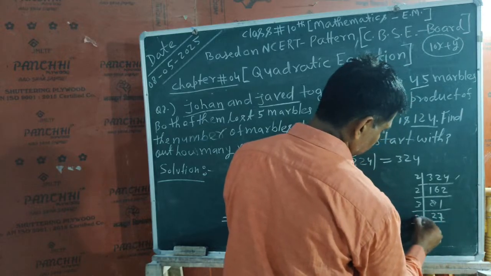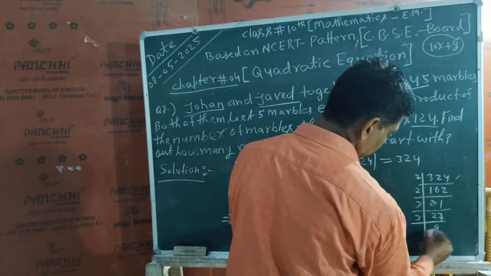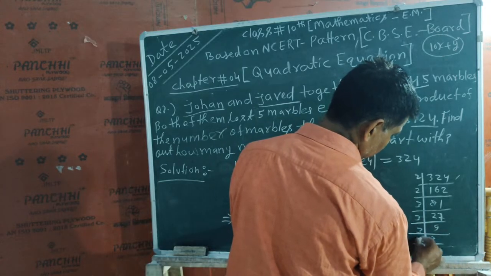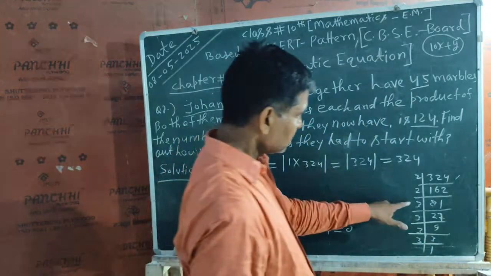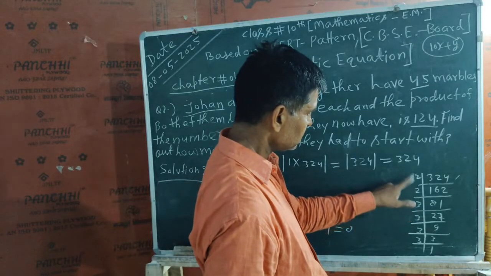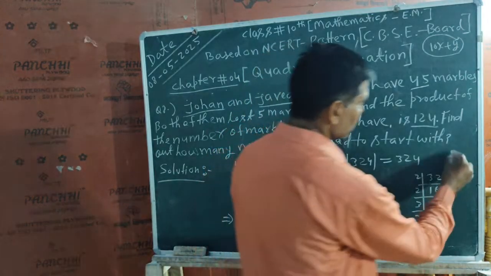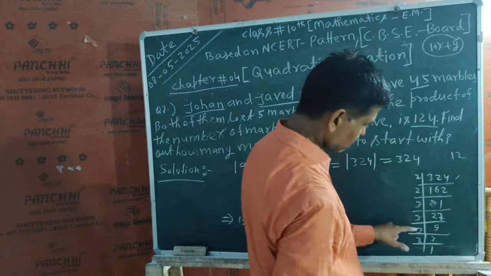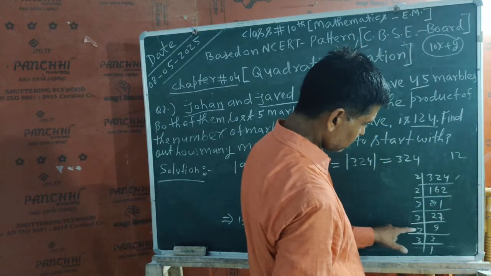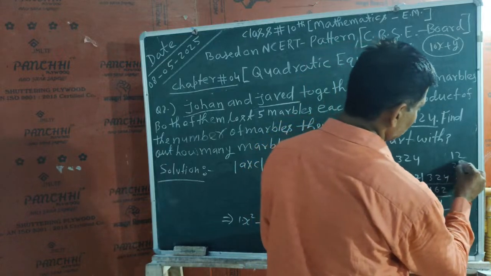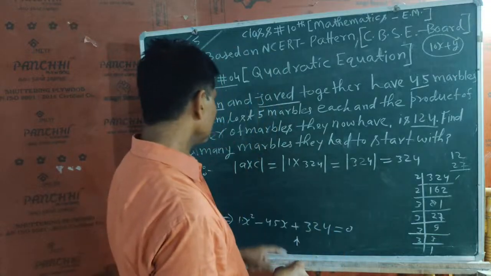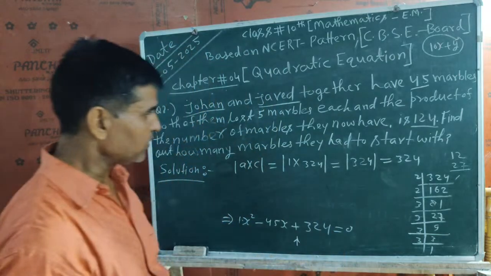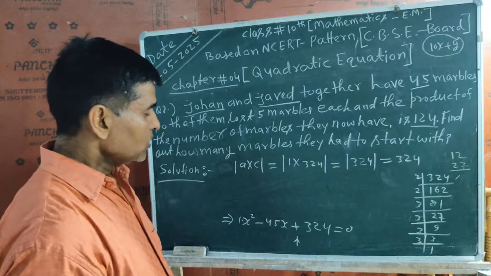So again 3. So I will take one as 12 and the other as 27, so its multiplication will be 324, but summation will not be 45.